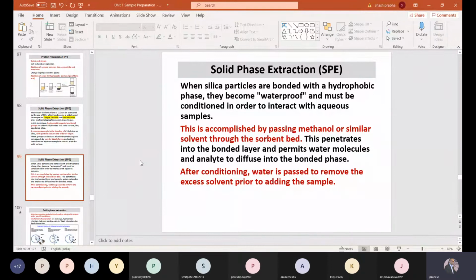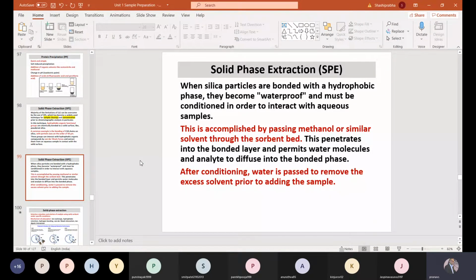So it creates a condition in the extraction phase such that it allows water to enter. Otherwise, water cannot enter. So once we make it waterproof, it should still be able to take in the aqueous phase as well. And this whole process of adding methanol is known as conditioning.